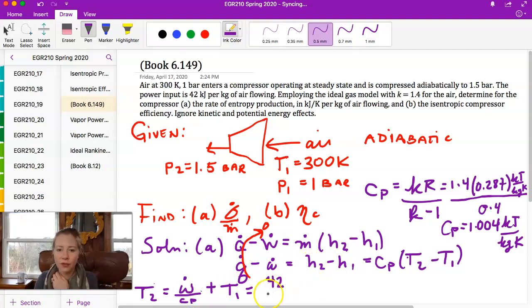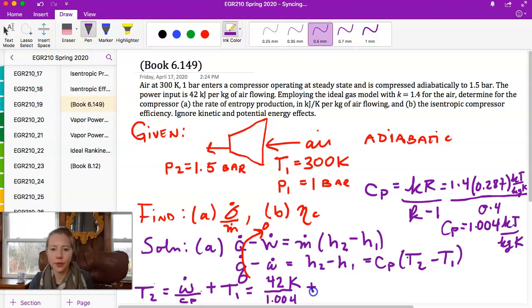And we're going to end up with 42 over 1.004. We still have a Kelvin hanging around. And I recommend that when I go through these problems, you go through them too, and you try to make sure the dimensional analysis works out for you. It's just really good practice to write these out. So don't just watch, write them out.